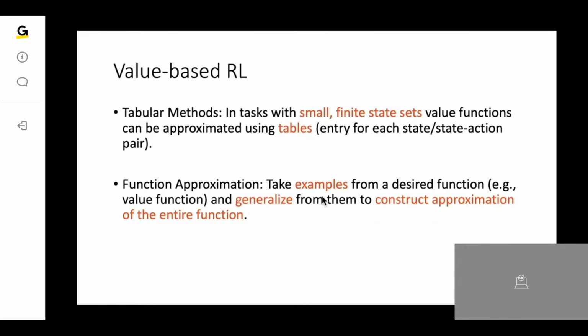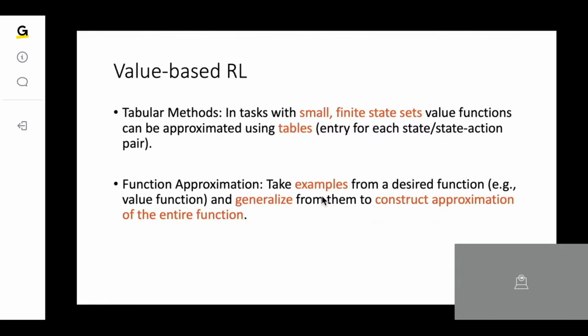There are two broad ways in which we can implement value-based RL, and this is slightly important when we look at deep RL as well. In tasks or MDPs where we have a small finite set of states, value functions can be implemented as though they are lookup tables, as I was briefly talking about in the dynamic programming approach.